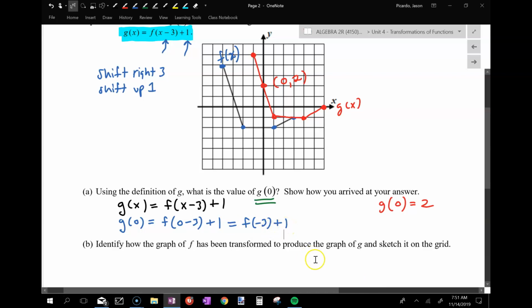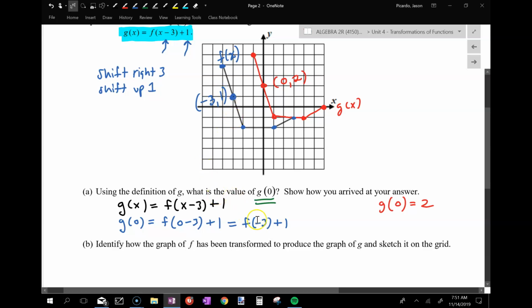Well, do we have a graph for f? Yeah, what's f of negative 3? Well, negative 3 puts me here at (-3, 1).